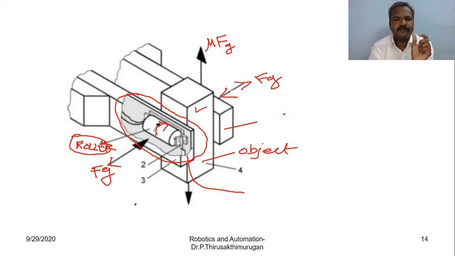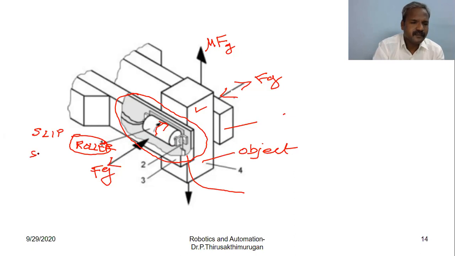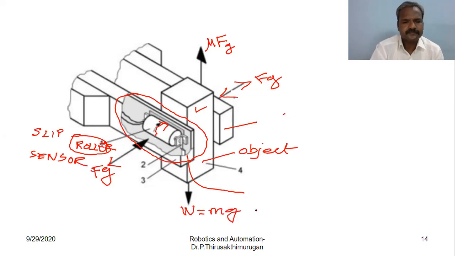Then there is the optical type of roller sensor, with an emitter and a detector. Similarly, this is one roller type of sensor, a roller equipped with a slip sensor. This is the object, which has weight equal to mg.